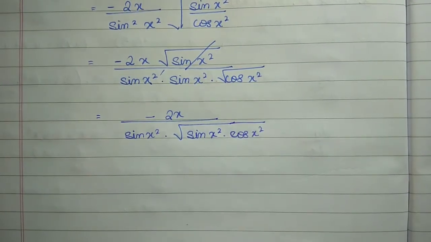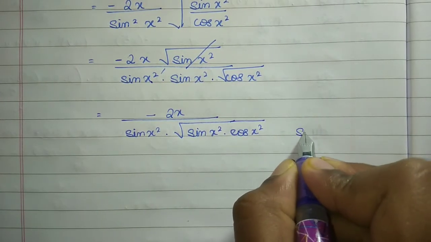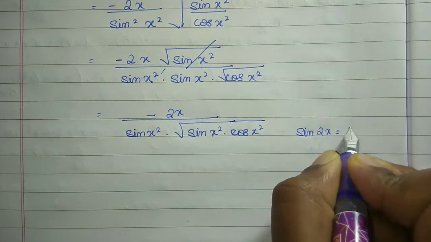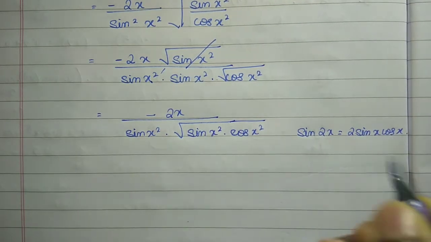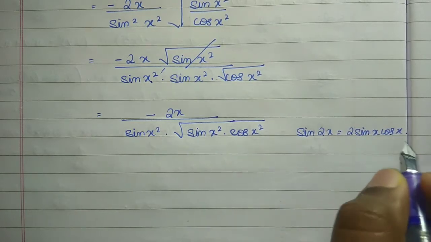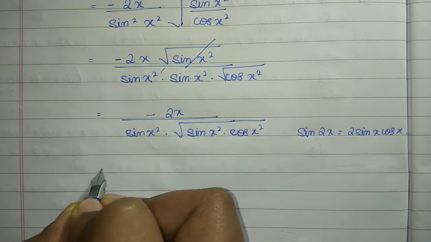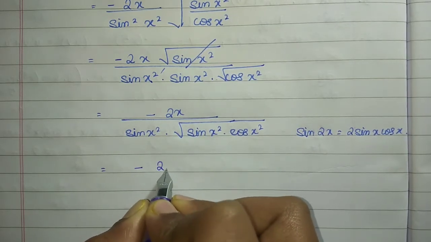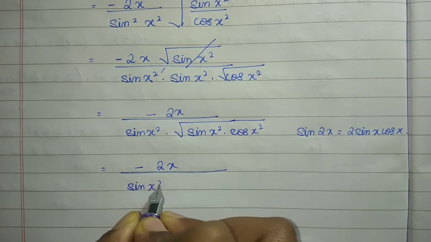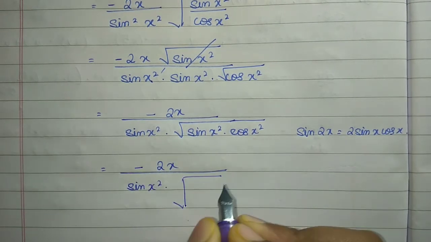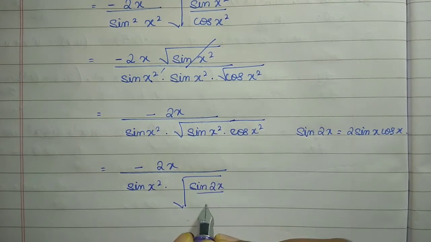Further, this can be simplified with a formula. Sin 2x is equal to 2 sin x cos x. Okay, so we have only sin x cos x. So this will be of the form sin 2x by 2. So minus 2x divided by sin x square into root of sin 2x by 2.